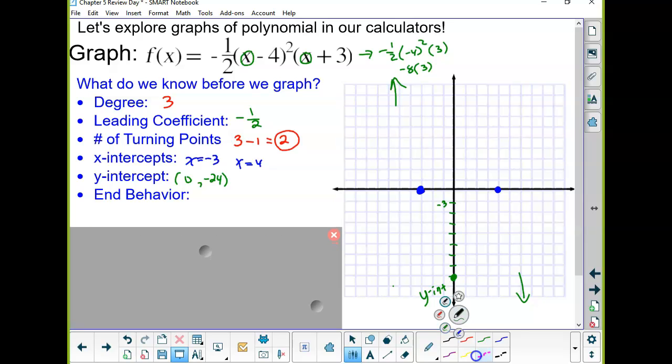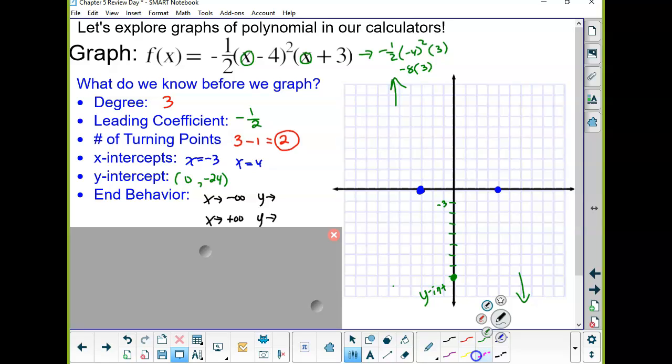And then as we mentioned, because of the degree and the leading coefficient, we can determine the end behavior as well, because of the way the arrows are positioned right now. It doesn't matter if we start with the x going to the negative infinity or positive infinity, you just have to read that carefully.